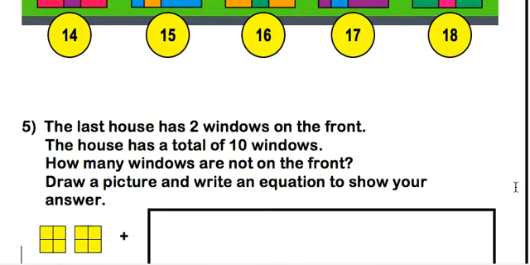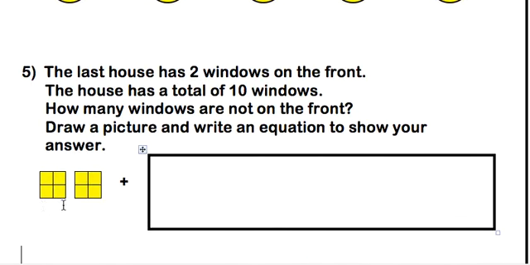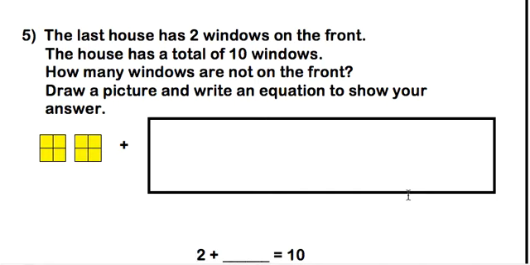So basically, they're already drawing a picture for you. Here are the 2 windows in the front, and then there are a number of windows around or in the back of the house that you can't see. However, you do know that there are 10 windows. At the bottom, they transfer the picture of your thinking to an actual equation. This 2 represents the 2 windows that you see here and the windows that you don't see.